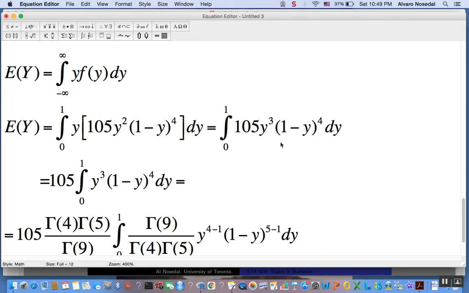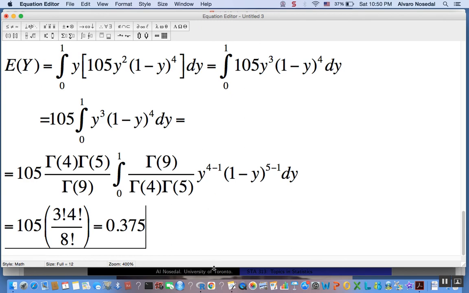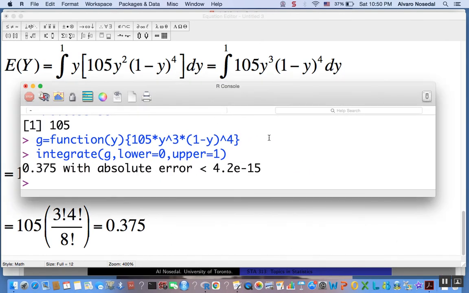We used that trick a couple of times here, and finally we checked our work using R. We defined a couple of functions and used the built-in command integrate to find that missing constant and the expected value for our random variable of interest.